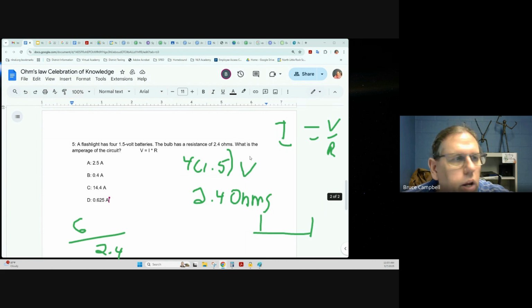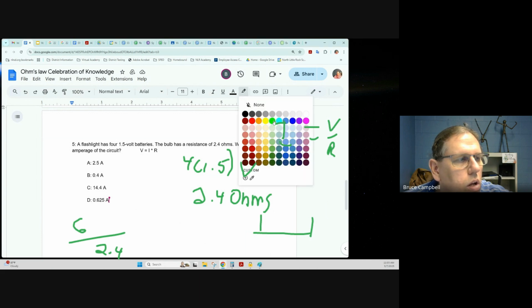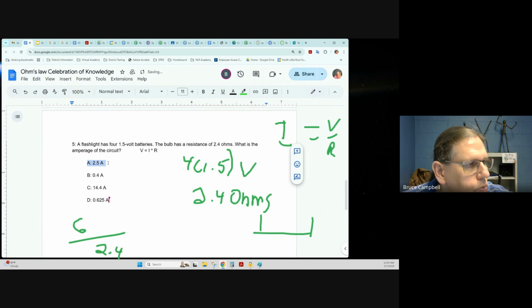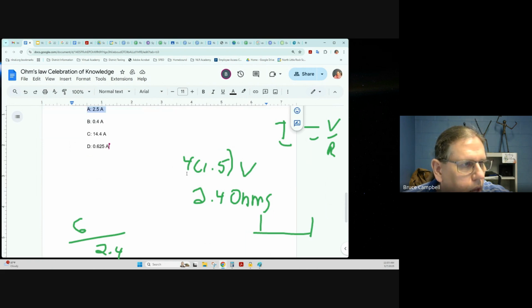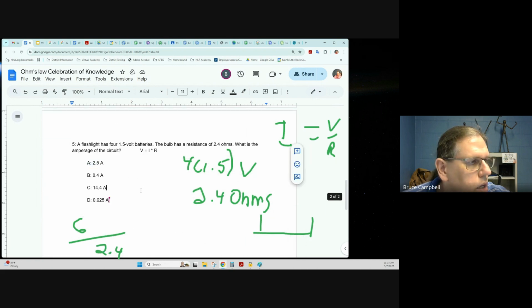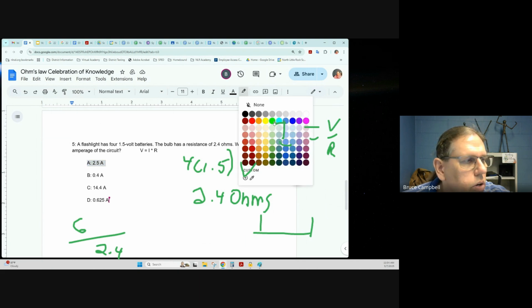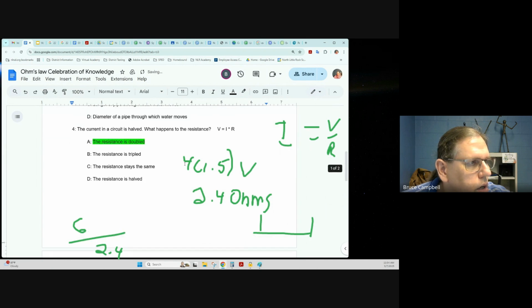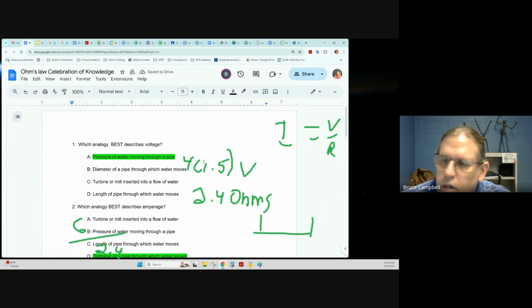Everybody agree with 2.5? All right. It didn't go through. Highlight green. All right, and according to my answer key, we all got 100%.